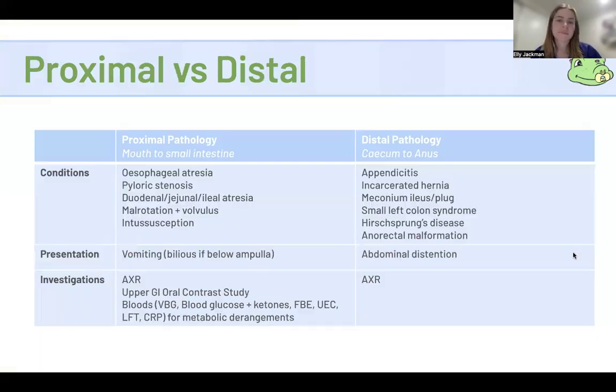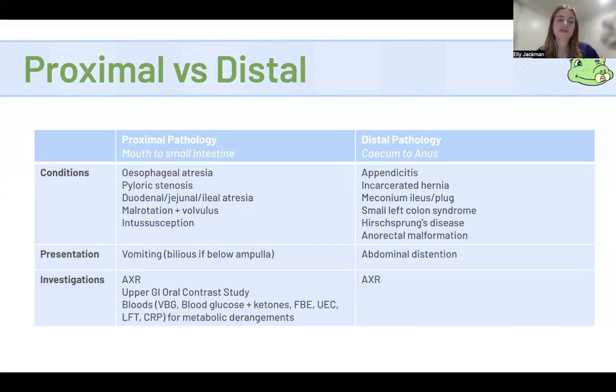We've also got a table here of some tips to distinguish proximal versus distal pathology. Proximal pathology is any conditions that involve anywhere between the mouth and small intestine. These can be things like esophageal atresia, pyloric stenosis, malrotation of volvulus, or intussusception.